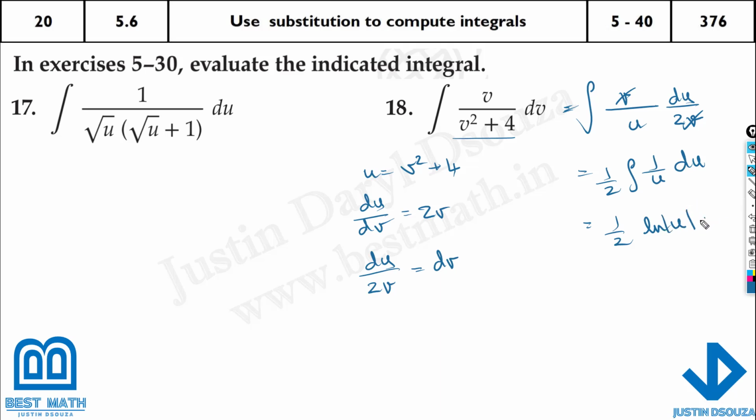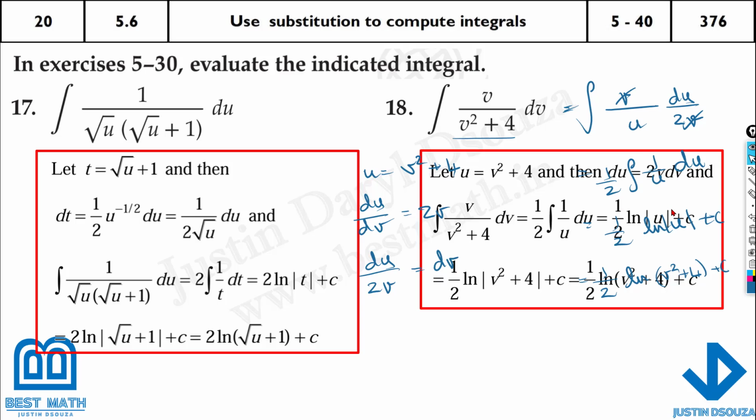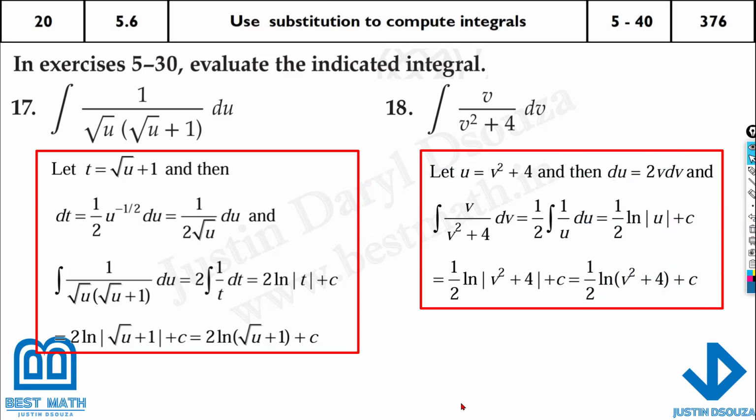This is a habit which I do, but anyways, you can just remember u must be positive. So let's substitute back. What is u? U value was v squared plus 4. Now here you don't need the magnitude, doesn't matter what value you take, it'll be positive, so there's no problem at all. So that is the answer here. Half natural logarithm of v squared plus 4 plus c.